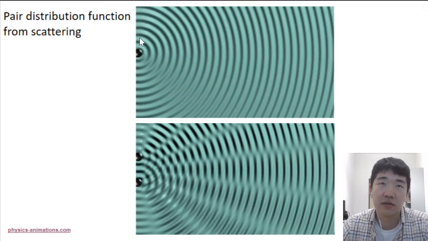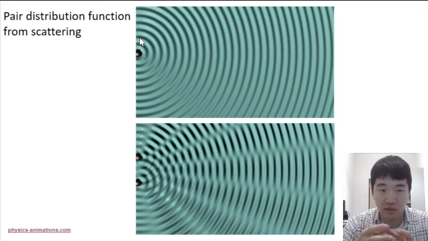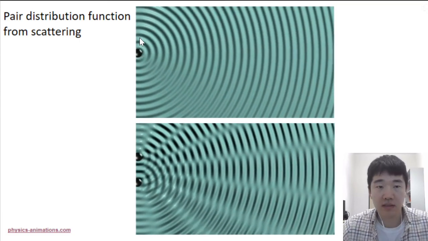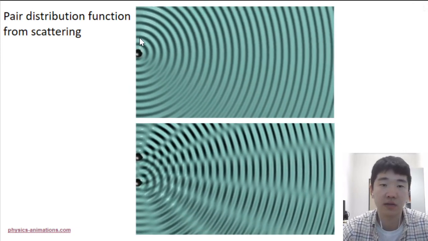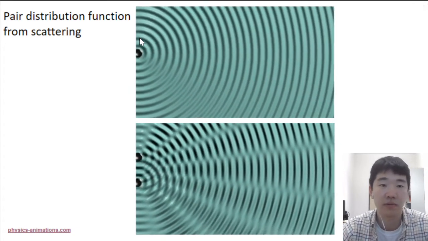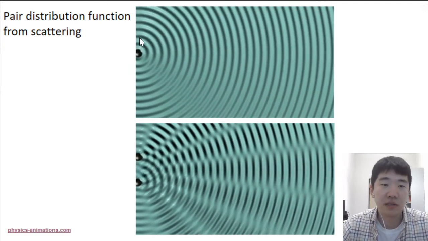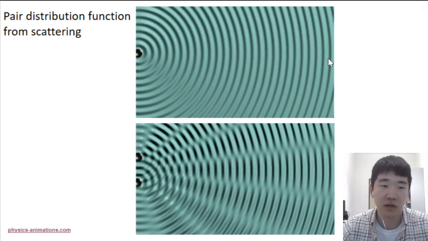Generally, like when you throw a stone in the water, a water wave goes outward from the scattering center. This is actually the same from the photon point of view or the electron point of view. Then you see the wave getting larger and larger and propagating in the outer direction.